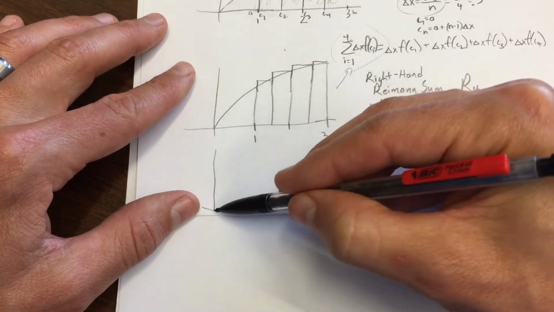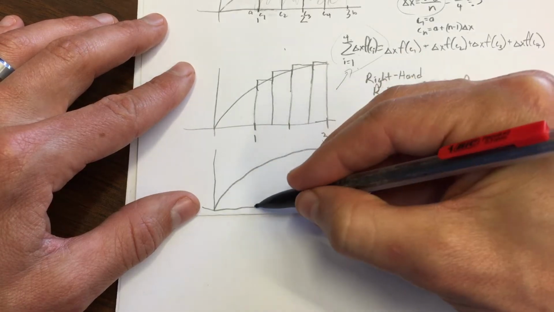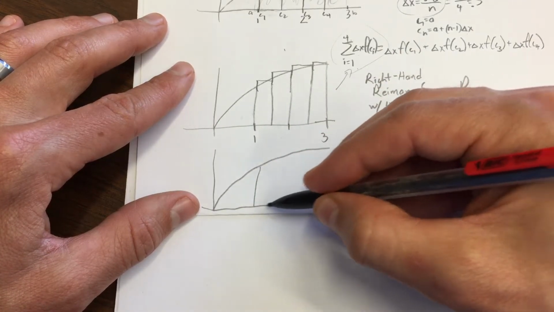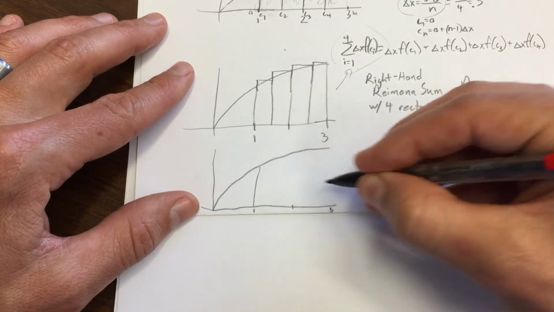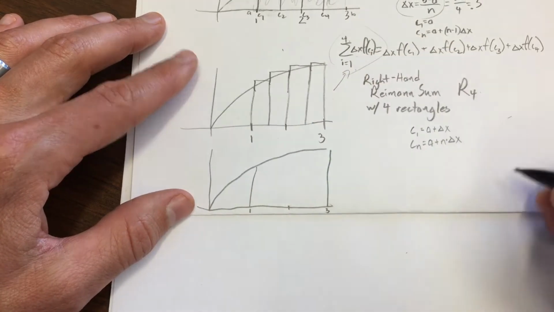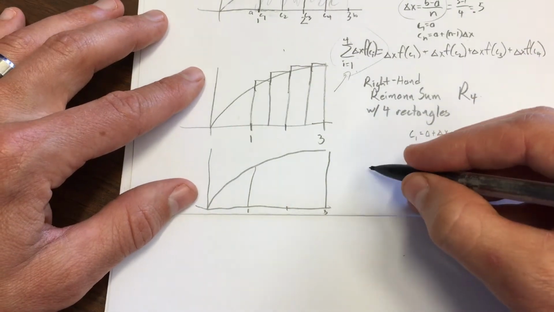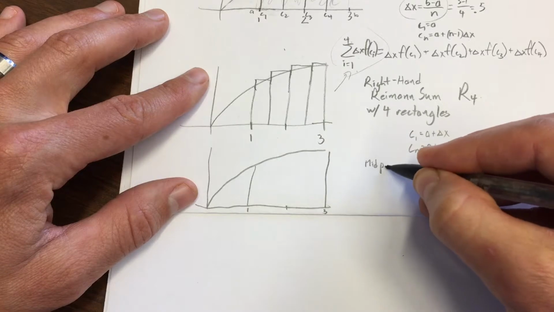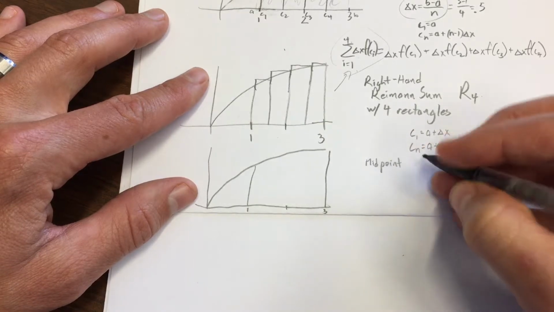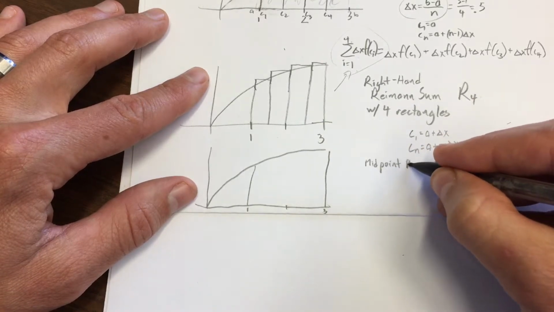In fact, maybe what would be best is to estimate with the midpoint of each of these wonderful rectangles. Well, that's been thought of too, and not so creatively, we call that the midpoint Riemann sum.